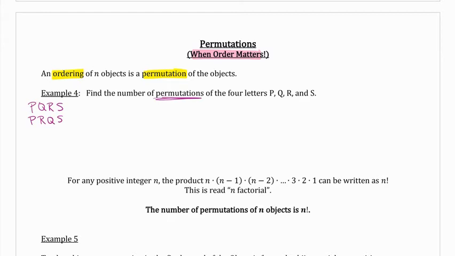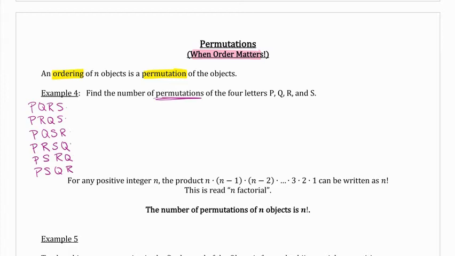I could do P, Q, S, R. We could do P, R, S, Q. And I can keep going with all of these. I could also do P, S, R, Q, and P, S, Q, R, right? So right there, I've got 1, 2, 3, 4, 5, 6 total different possibilities.